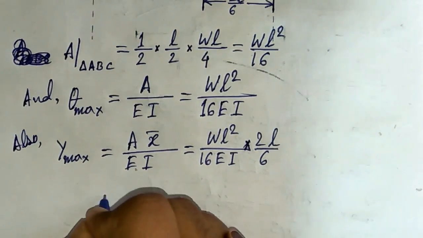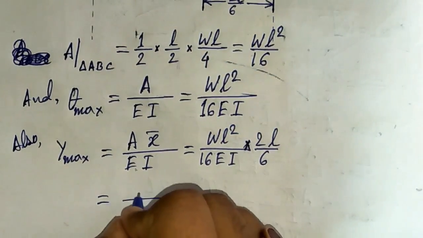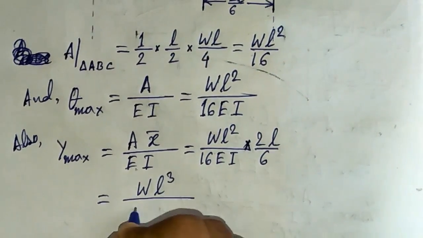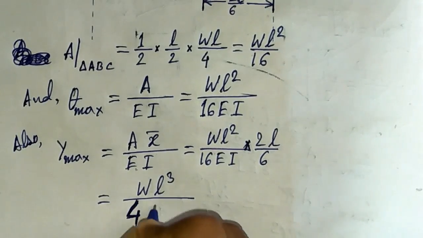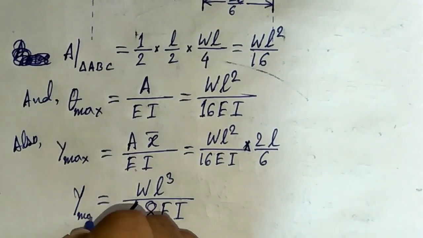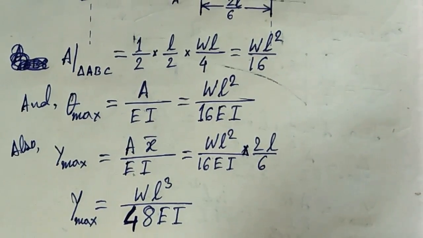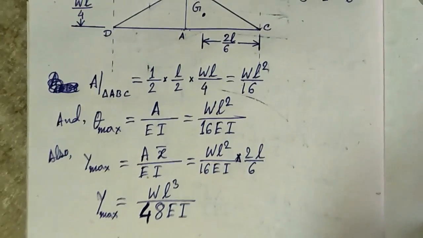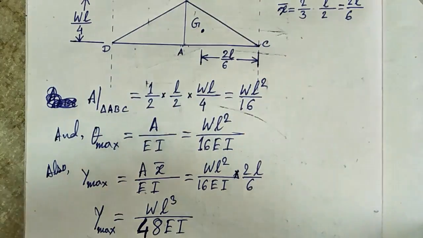So we get WL cube by 48 EI. This is the value of the maximum deflection at the midpoint, WL cube by 48 EI. So this is case 4.